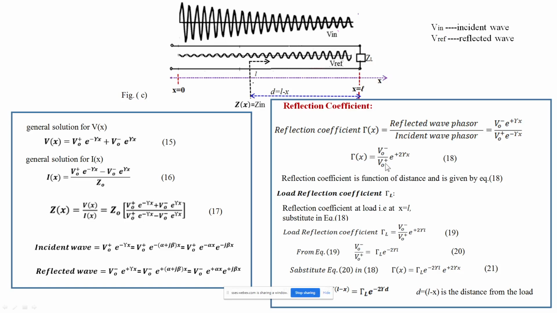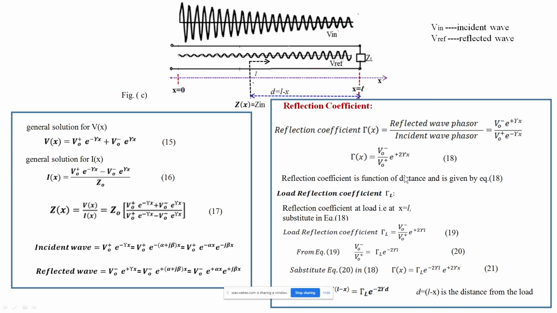So here you can observe this is V naught minus, V naught plus is there. Okay, now we will see this one, what is the value of this, how to get this constant. Actually it is a phasor but a complex constant here. Okay, so reflection coefficient is a function of distance.